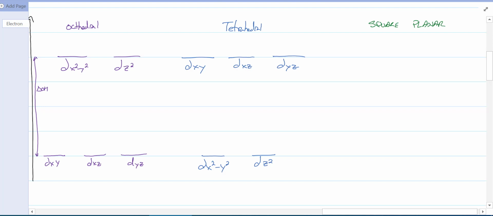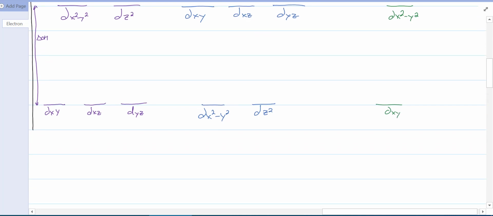And these shapes, we'll learn all these shapes. Don't worry about the shapes. But the energies we'll get to. Don't stress about that. But anyway, you have up here dx squared minus y squared. Then you have about, I think it's here, dxy.